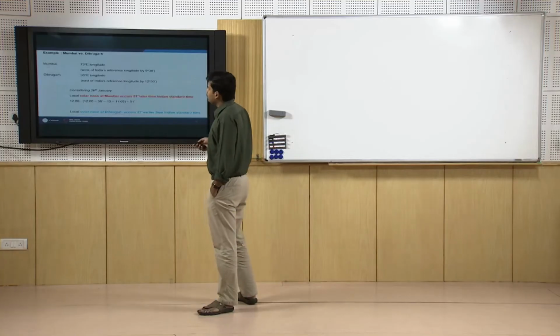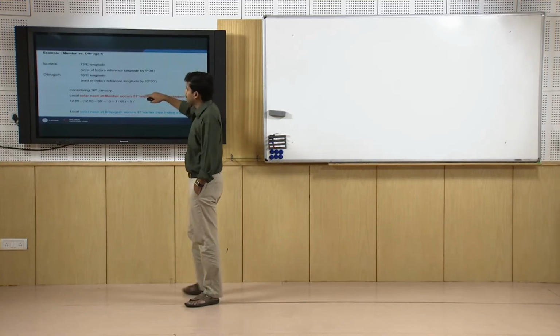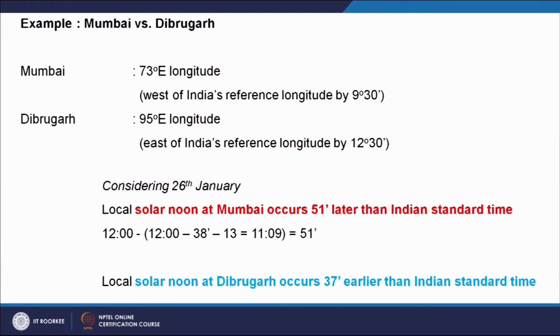Using this, if you take the same case of Mumbai and Dibrugarh, the calculation goes like this. Say I have to establish the local solar noon, what time the local noon occurs in Mumbai. Noon is 12 o'clock minus 38 minutes. This 38 comes from the 9 degrees 30 minutes.